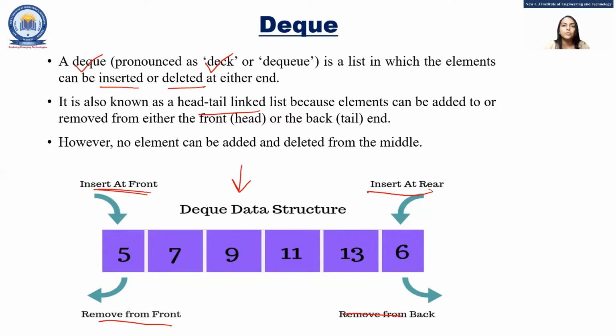Front is also generally known as head, and the back is known as tail. Now, it should be noted that no elements can be deleted or added from the middle. So, it has to be from either the starting point or from the back, that is from front or rear.